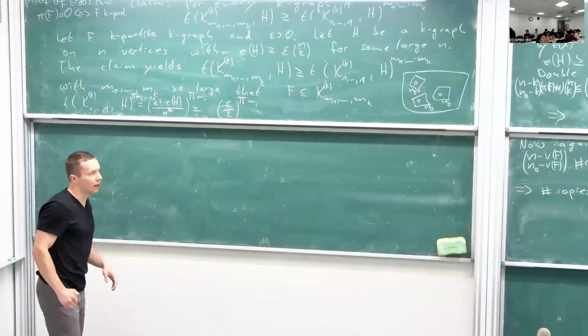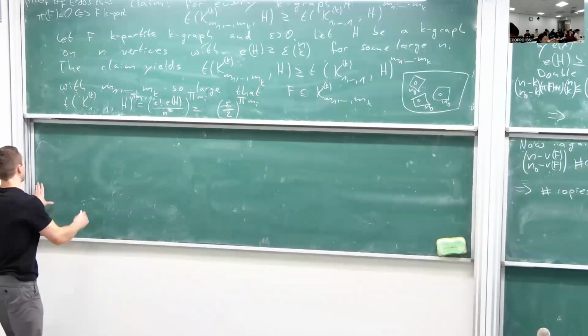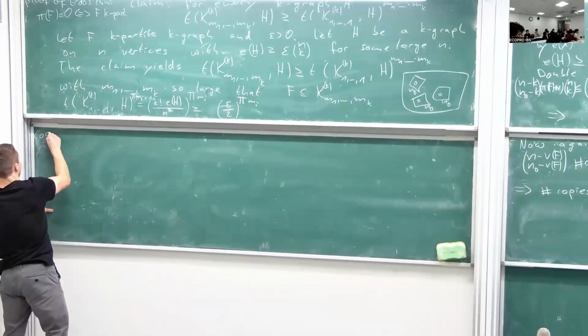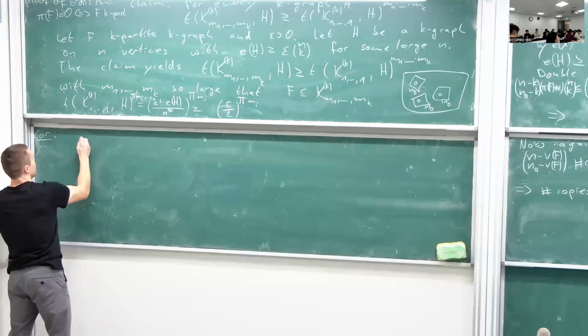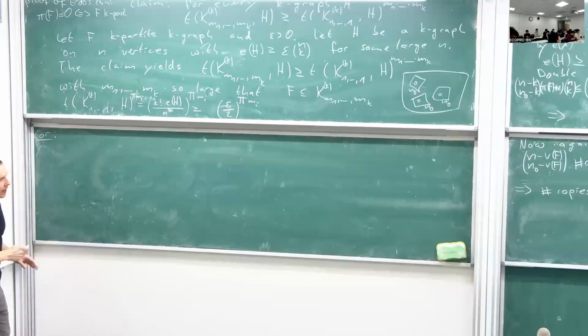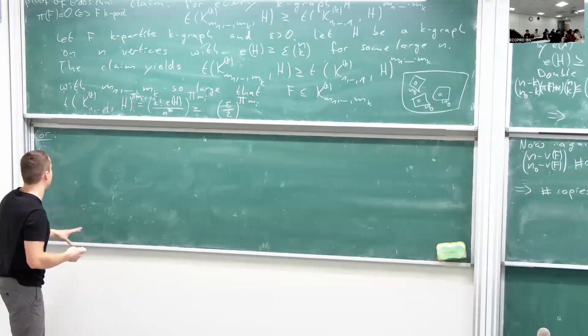So why is this nice? For instance, one corollary that we have from this is that the Turán density of a blow-up is the same as the Turán density of the graph itself.